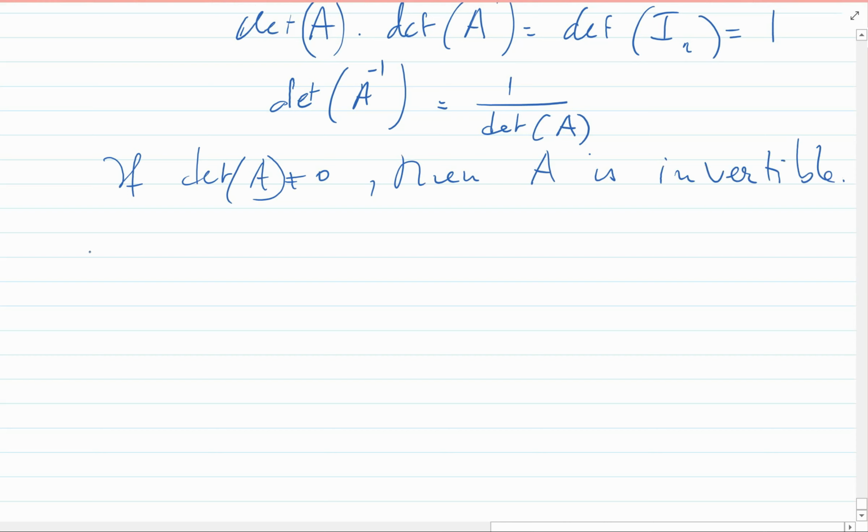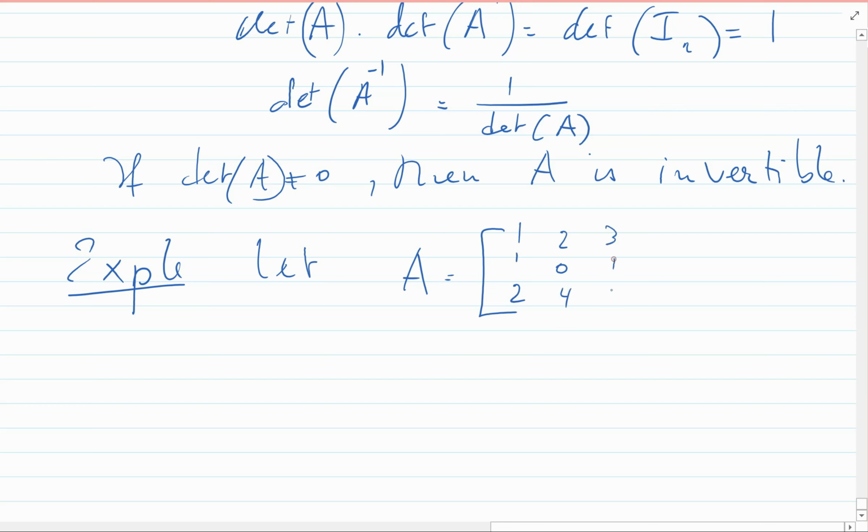So for example, let A equal the matrix with rows 1, 1, 2; 2, 0, 4; 3, 1, 6. Is A invertible?